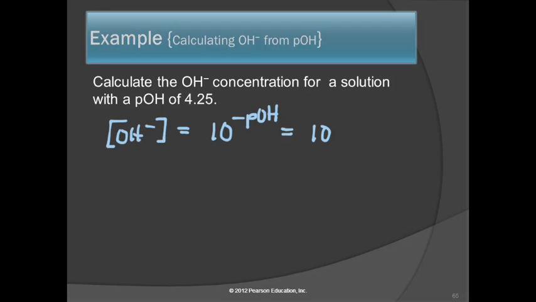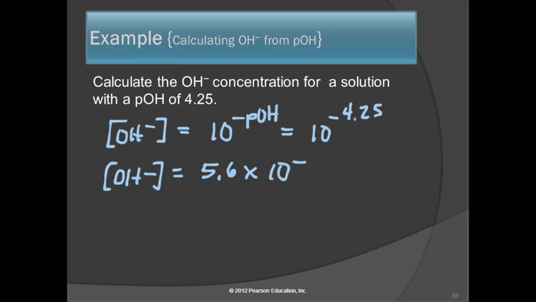So this is going to be 10 to the minus 4.25, 4.25 negative, 10 to the x. The hydroxide ion concentration equals 5.6 times 10 to the minus 5.